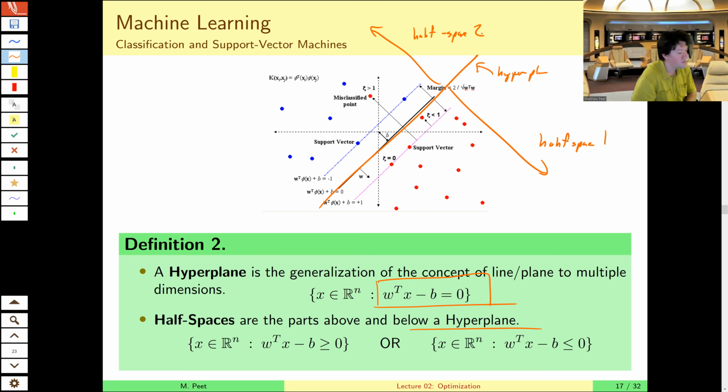Basically we want to make sure that the negatively labeled data is all below in one half space, and the positively labeled data is above. And here actually we've got misclassified points. It's not always possible. This is not always feasible. We'll talk about that in a second.